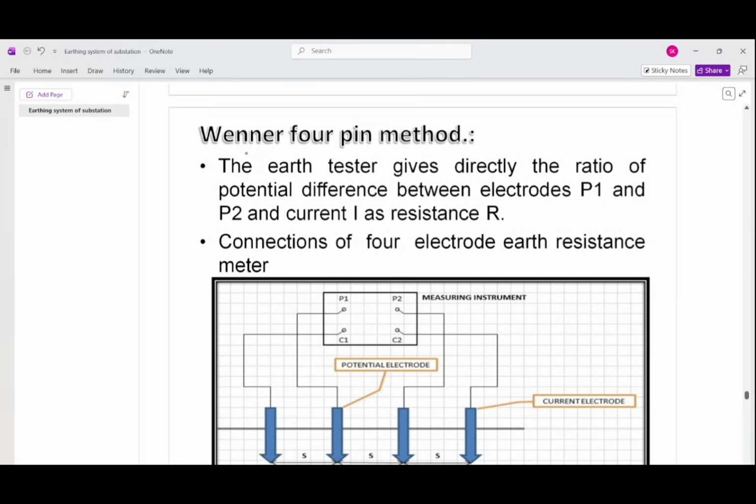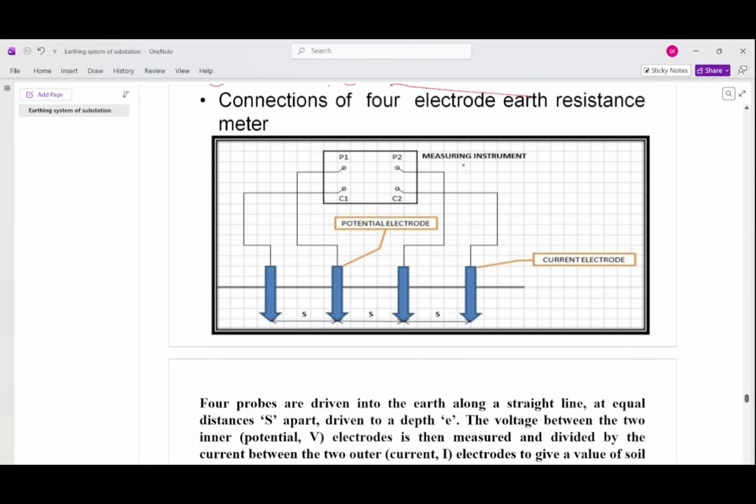So here is a Wenner 4-point method. Earth tester gives directly the ratio of potential difference between the earth electrodes P1 and P2 and current I as the resistance R. Connection of the 4-point electrodes is shown here. So here the measuring instrument is provided. Potential terminals and current terminals are provided.